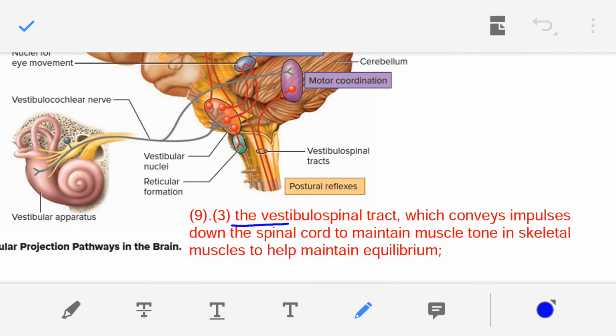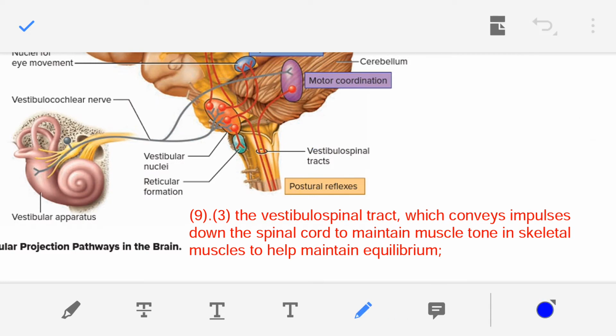The vestibulospinal tract conveys impulses down the spinal cord.